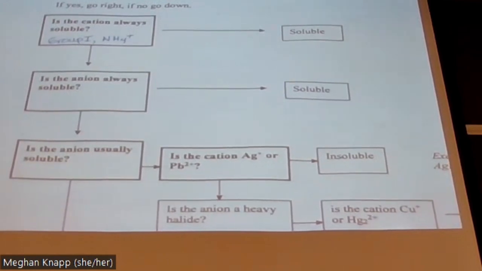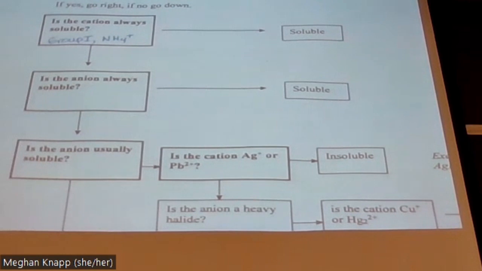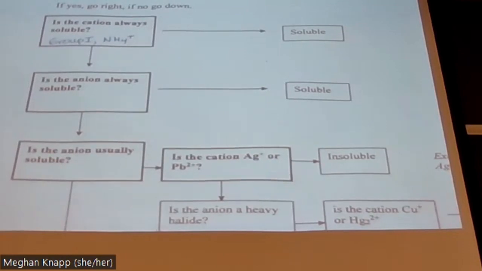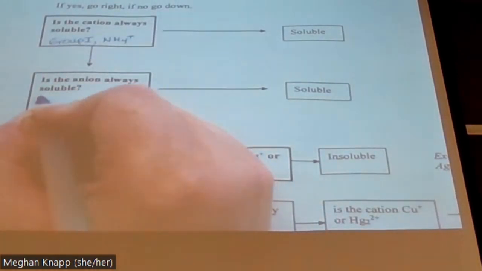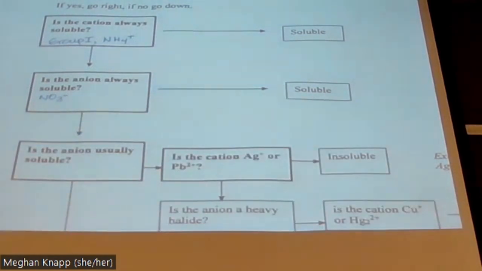Okay, we also talked about what is the rule for the anions that are always soluble. And rather than having a group we can refer to, we just listed them. So there were 3 I gave you. One of them was nitrate. You remember any of the others? Acetate.